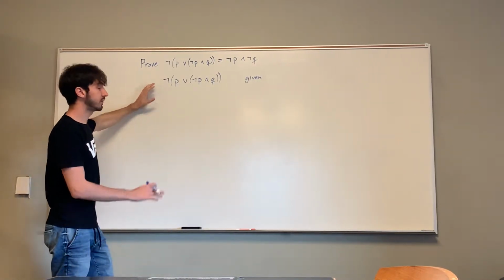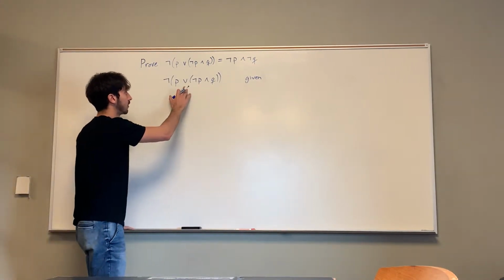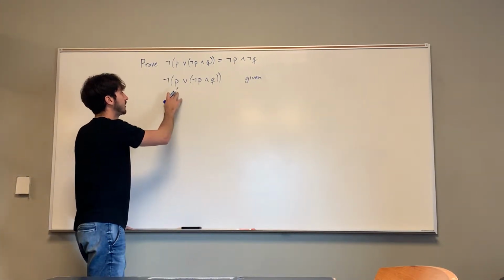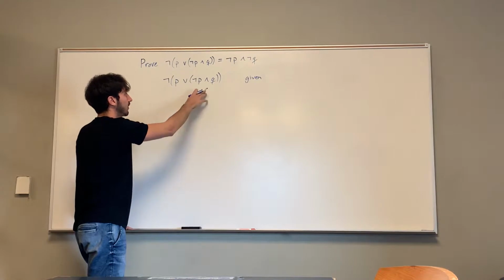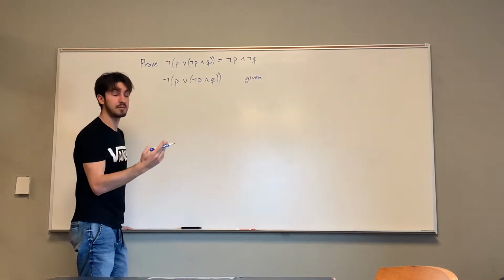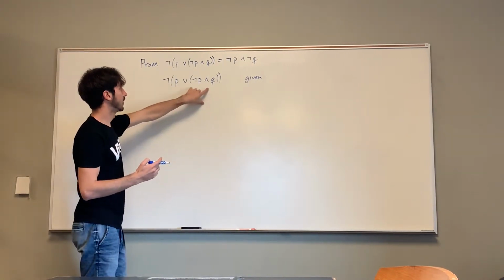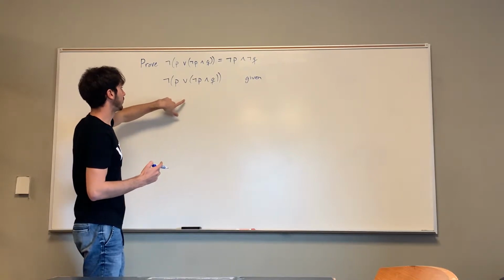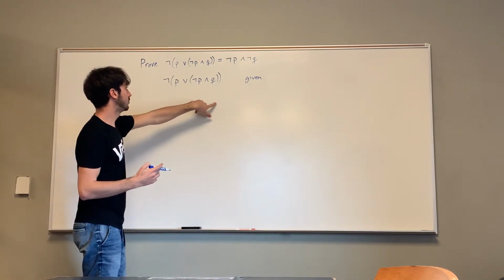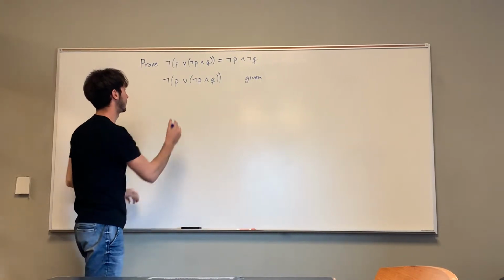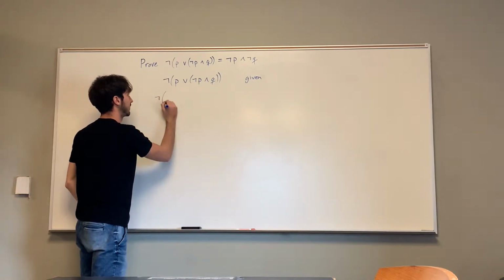And now our first initial step is, we see this or, we see this and, and we want to try and distribute this or across this and see what that gives us. Remember that when you distribute an or across an and, you end up with two or statements joined by an and. So what we're going to get is this negation stays out here.